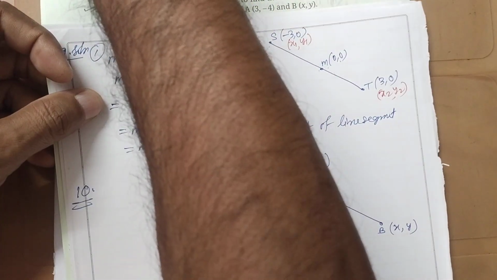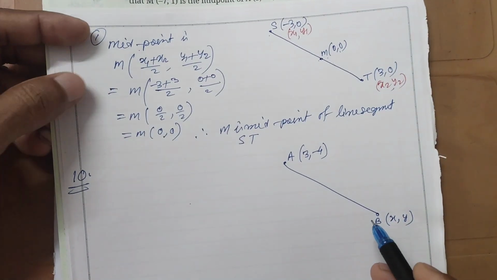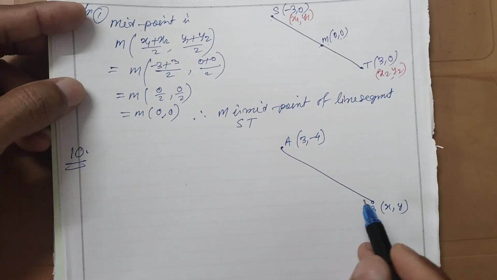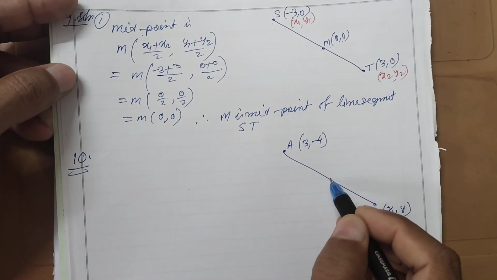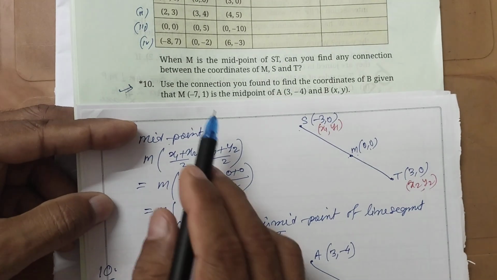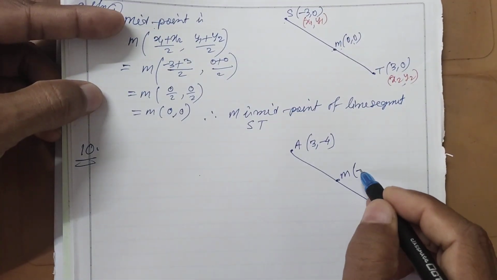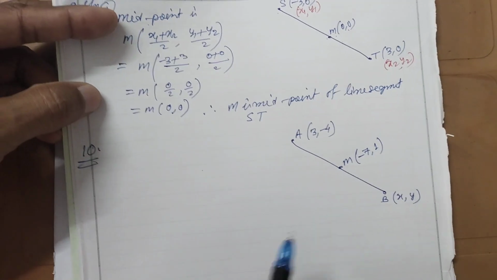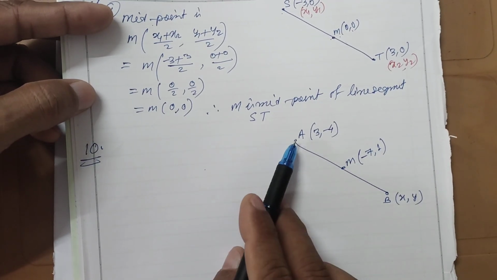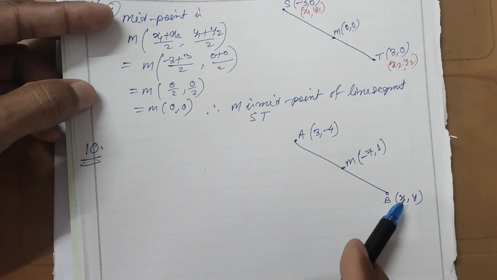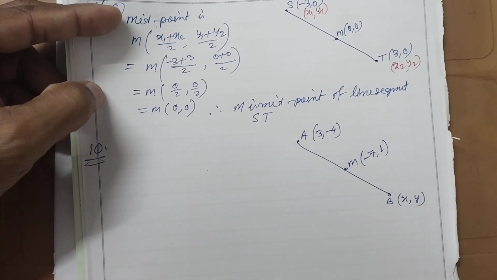The midpoint is given as -7, 1. The question is, if this M is the midpoint of AB, then what will be the values of x and y? You are asked to find it.